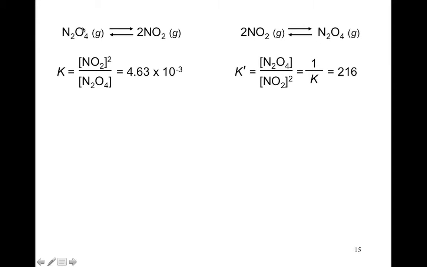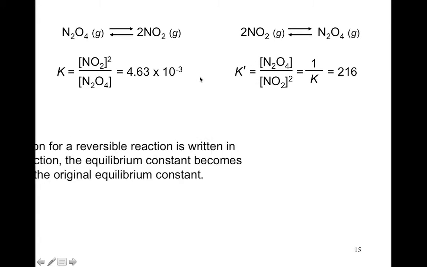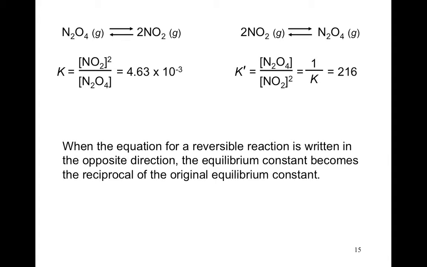If you flip the reaction, then you flip the constant. It's 1 over the old constant. And so it's very easy. You just take 1 divided by 4.63 times 10 to the negative third, you get 216. So, when the equation for a reversible reaction is written in the opposite direction, the equilibrium constant becomes the reciprocal of the original equilibrium constant. We can solve for that, and we will.